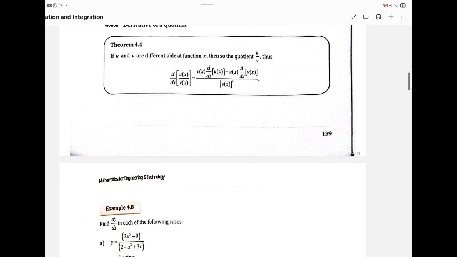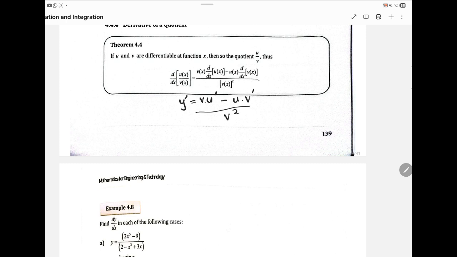Again, it might look a bit complicated if you look at it in this view, but if you try to put it in prime, you can say that it is actually y prime, or the differentiation dy/dx, equal to v times u prime, minus u times v prime, over v squared.